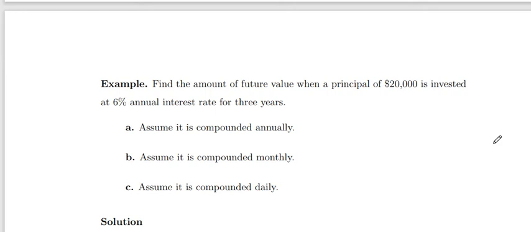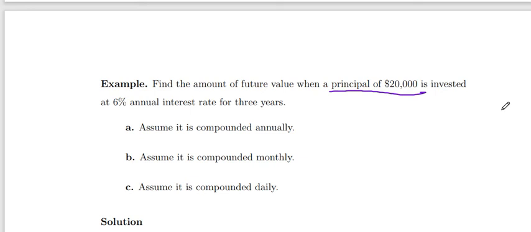So let's consider this problem. Let's confirm this. Suppose you deposit, your principal is 20,000. So this is not small money. If we deposit a big amount of money into a bank, you need to check how they calculate your balance, right?